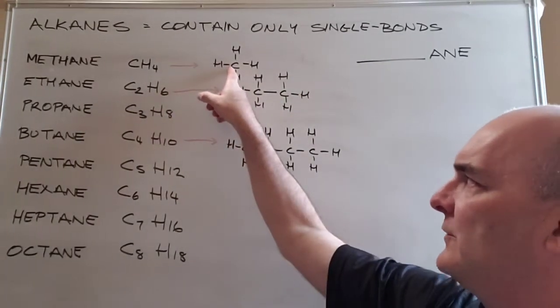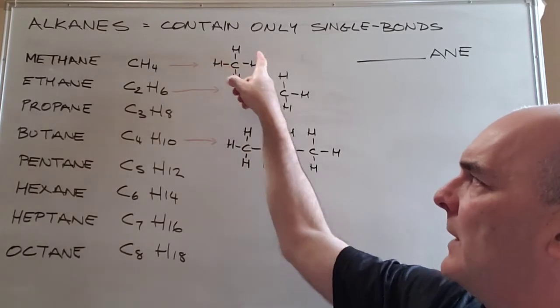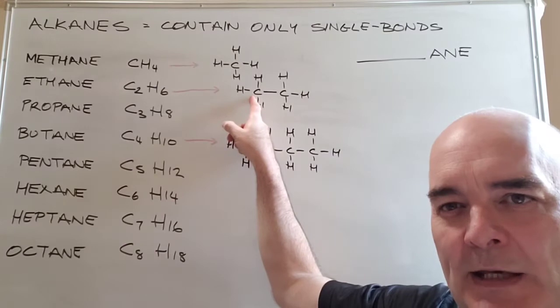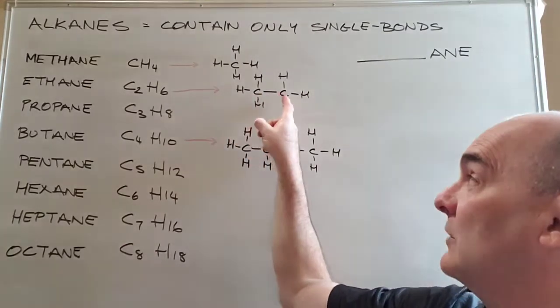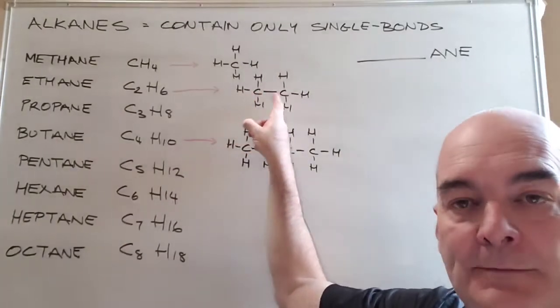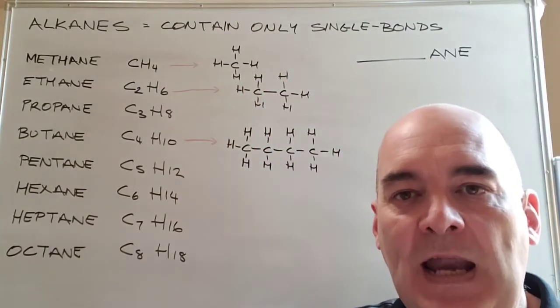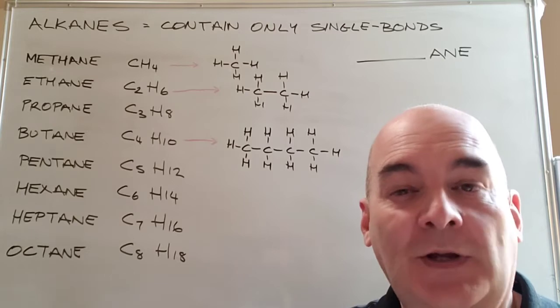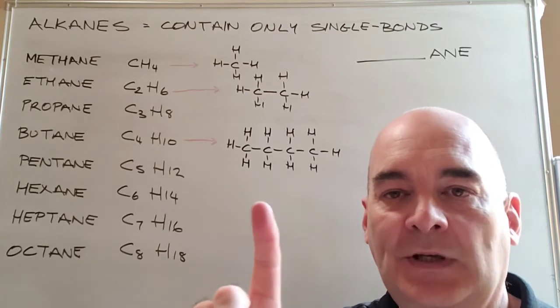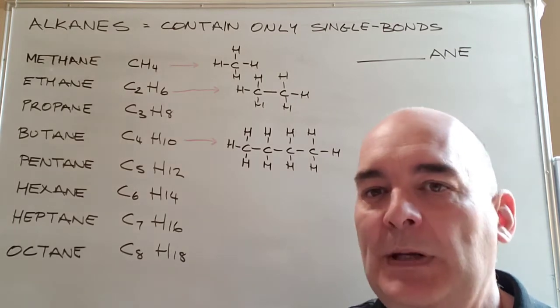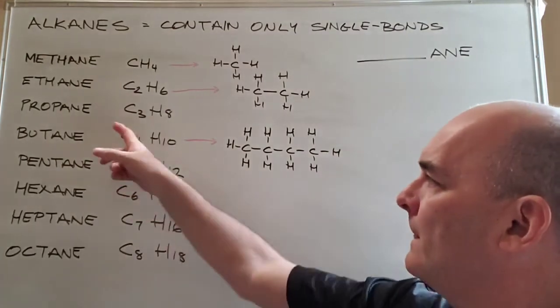Now methane was a tetrahedral carbon surrounded by hydrogen, and what we've got here is that in ethane I've got two tetrahedral carbons stuck together, and then the hydrogens go on the outside. The hydrogens are never going to be between bonds because hydrogen can only ever make one bond at a time. It is always on the outside. It can never be between two other atoms.